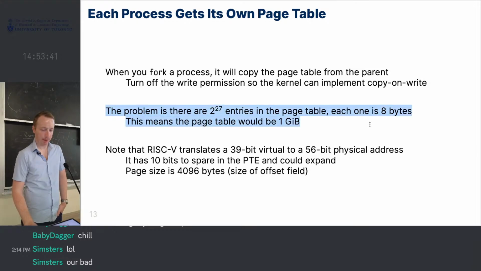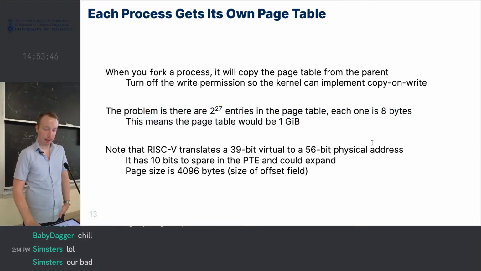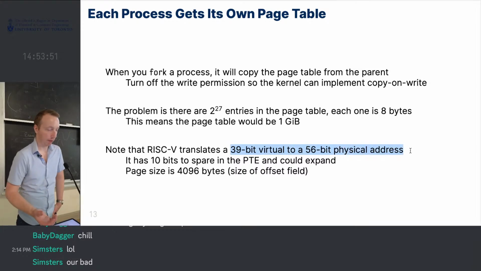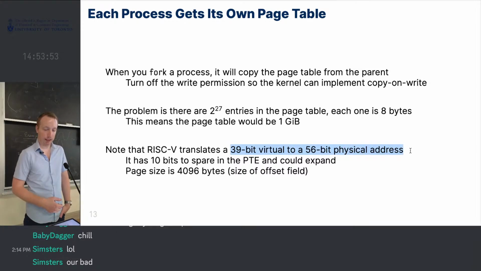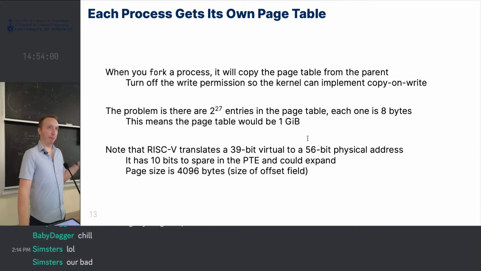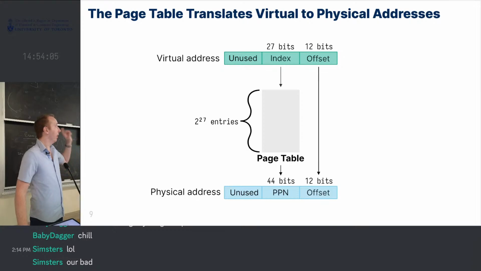So yeah, here's the problem I was talking about earlier, where our page tables are absolutely gigantic. And here is that note, I should have put it earlier, that there's 39-bit virtual addresses and 56-bit physical addresses. So the big part of why one of these numbers is bigger than the other two is that the size of the virtual address determines how many indexes you need, and is directly related to how big this page table is.